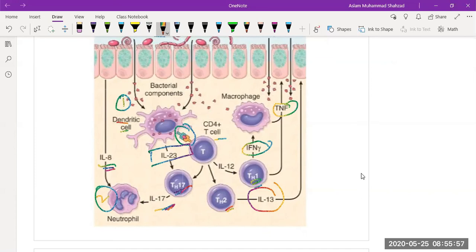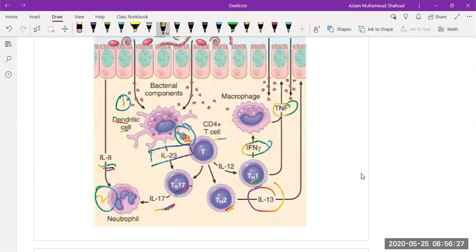Th17 is responsible for producing more neutrophils. Interleukin 12, with the help of interferon gamma, produces more macrophages. So again, they are responsible for producing more immune mediators. And Th2, with the help of interleukin 13, goes back and affects the mucosal surface, and they may be responsible for making more permeability for microorganisms to enter.